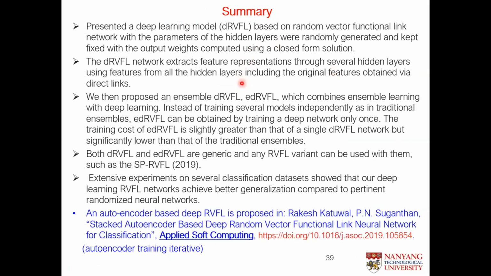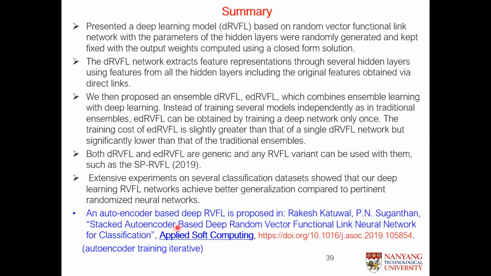So in summary, we introduced randomized neural networks starting from 92, and we evaluated the older methods with a single hidden layer. Then we went on to propose deep RVFL and ensemble deep RVFL.